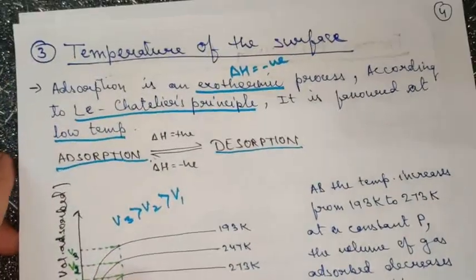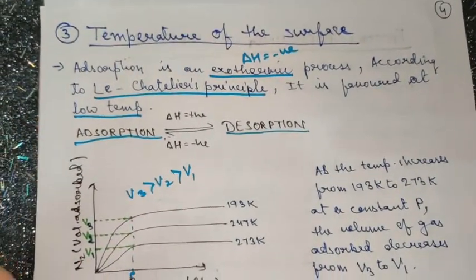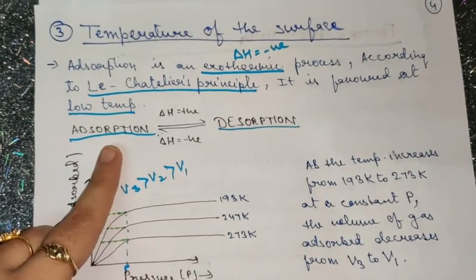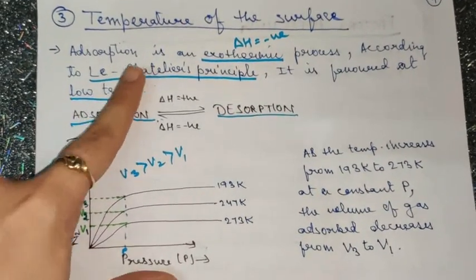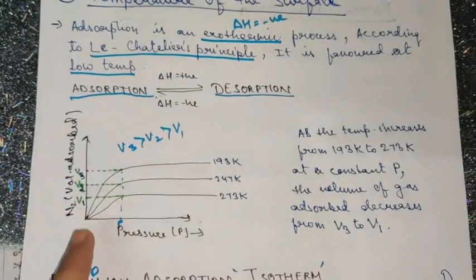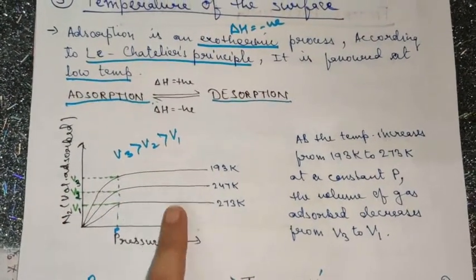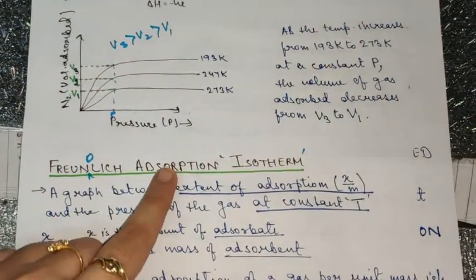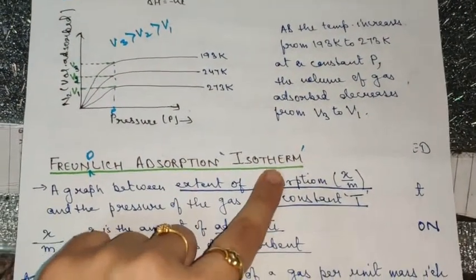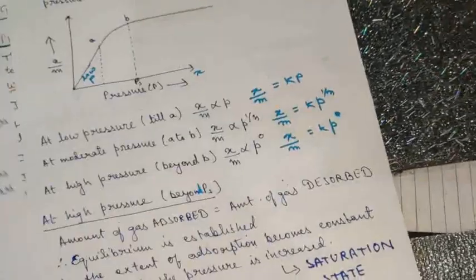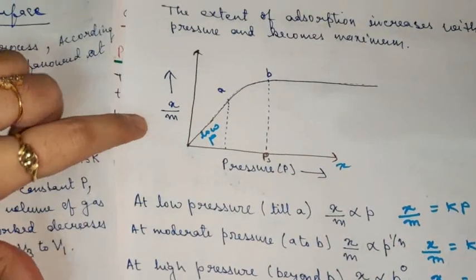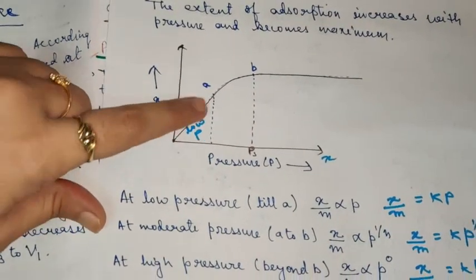And then I discussed with you the factor temperature, where I told you that adsorption is an exothermic phenomenon, and all exothermic phenomena are favored at low temperature according to Le Chatelier's principle. This graph indicated this. Please remember this graph also, it is important. And then I discussed with you the Freundlich adsorption isotherm, where we discussed the three zones. The zone up to A shows that the extent of adsorption is directly proportional to pressure.